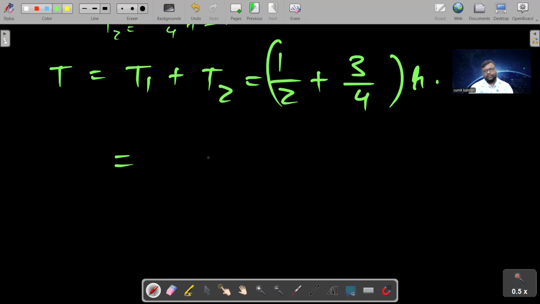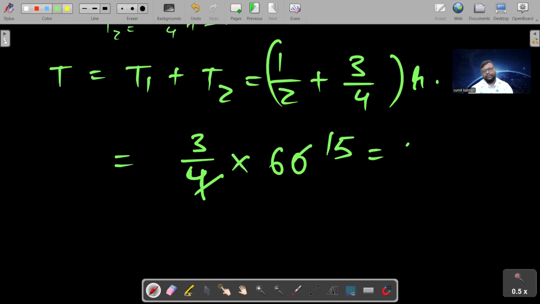So 2 plus 1, it will be 3 upon 4 into 60. Is this clear? 1 hour has 60 minutes. So 4 15s are 60, and 15 threes are 45. 45 minutes is the answer.